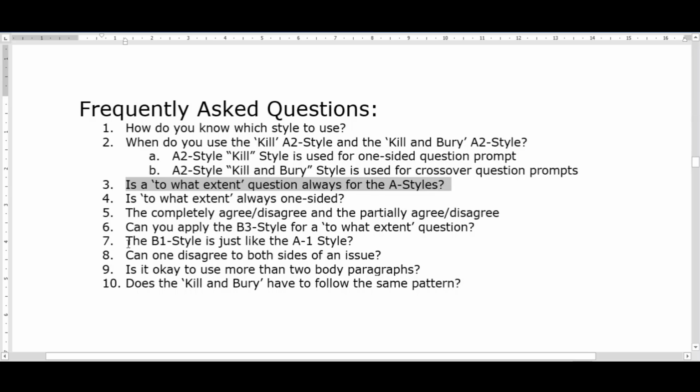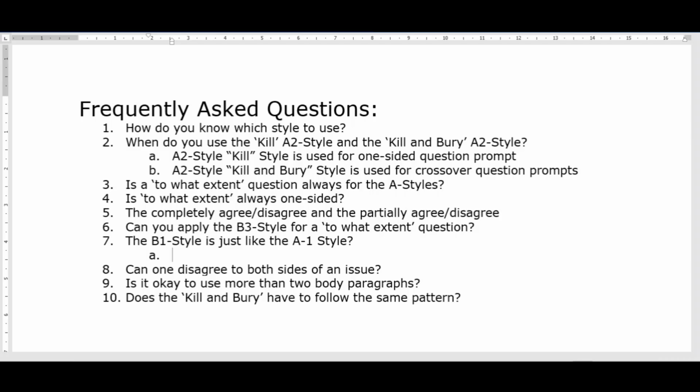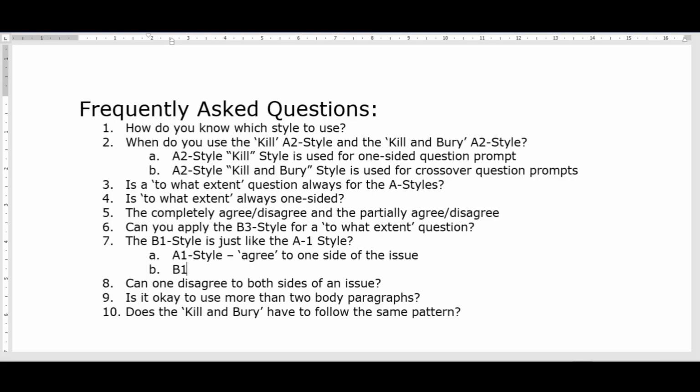Alright, now question number 7. The B1 style is just like the A1 style. I guess this is a very good observation, because remember the A1 style is an agree essay, agree to one side of the issue. And the B1 style is what you call agree to both sides of the issue.